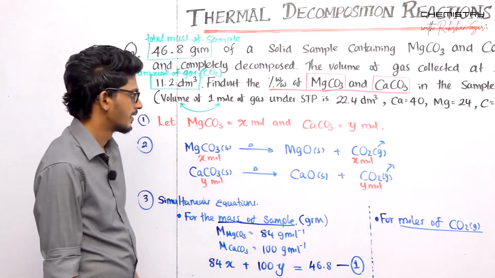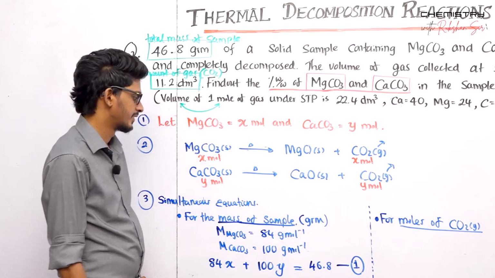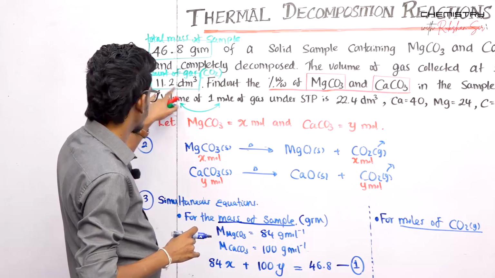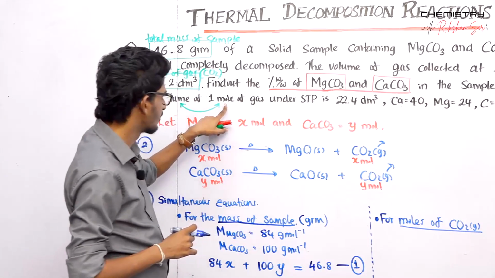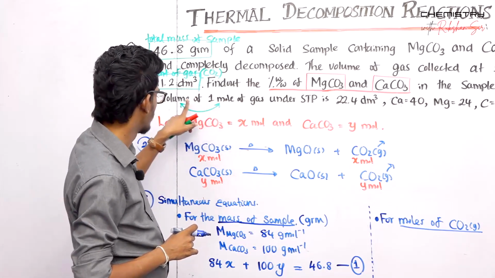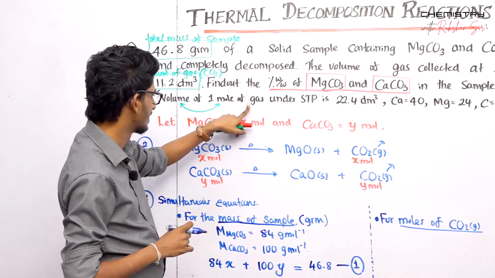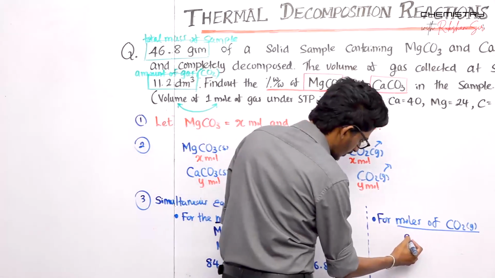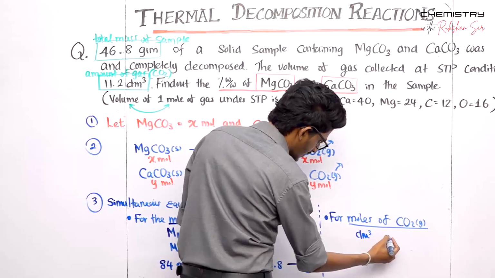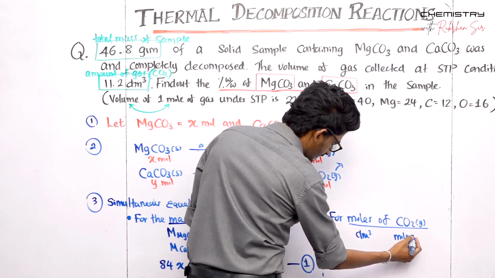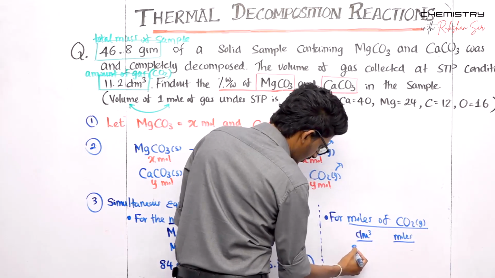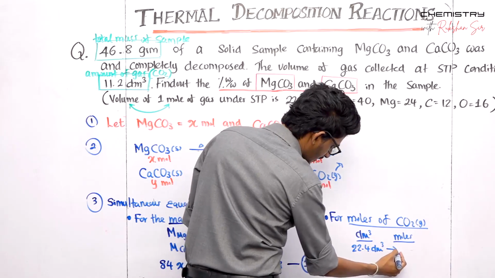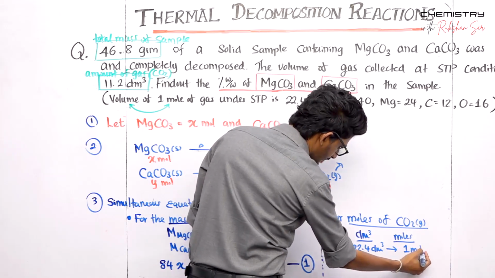Let's copy those values. 1 mole of gas is equal to 22.4 decimeter cubes. So if you think of decimeter cubes and the moles, 22.4 decimeter cubes represent 1 mole.